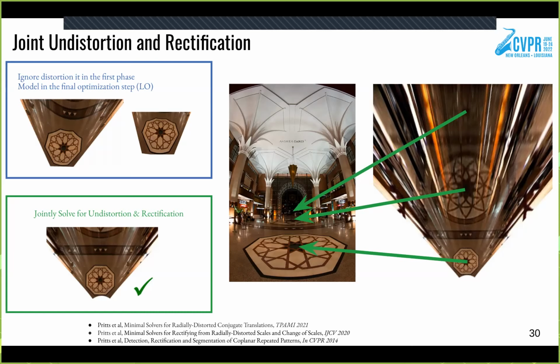And then in a nonlinear refinement, you sample some measurements, you propose some geometry, and we introduce the lens distortion and try to recover that from those measurements that are consistent with the minimal sample sampled by RANSAC.